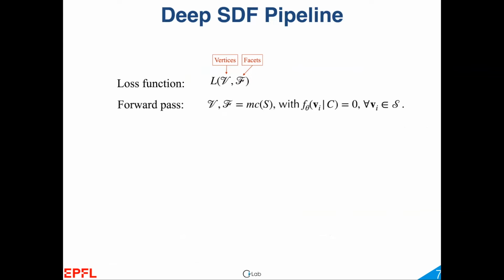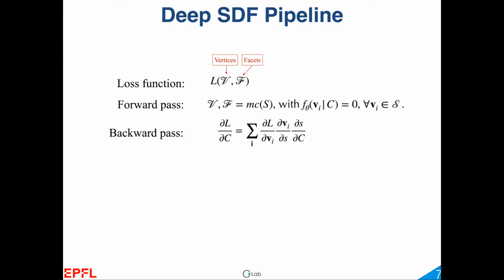So you do a forward pass, which means you take your implicit representation, you run Marching Cube, which is not differentiable, that gives you vertices and facets, and then you compute your loss function. So the forward pass is not a problem. The problem is going to be the backward pass.